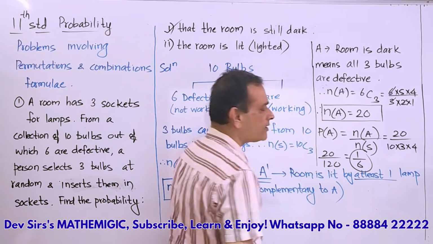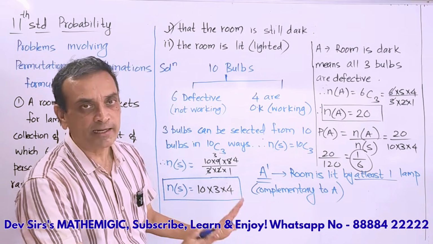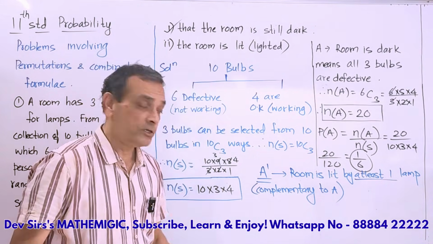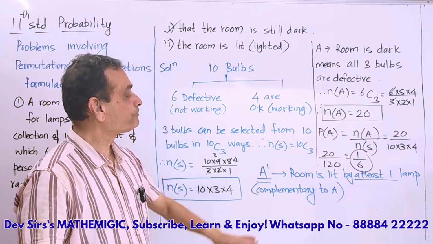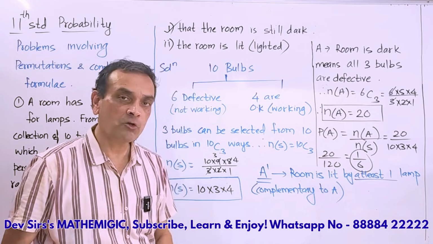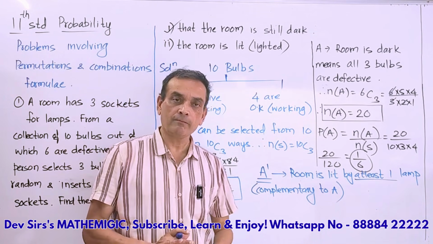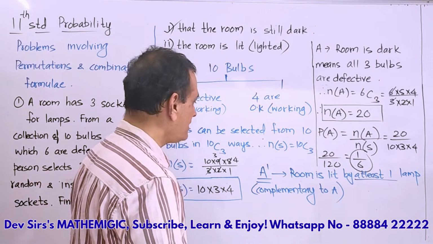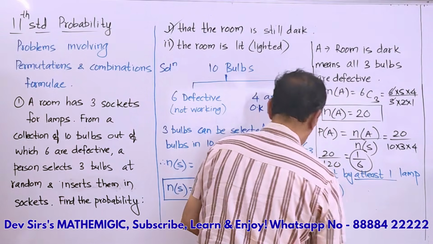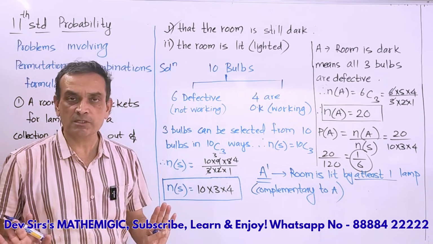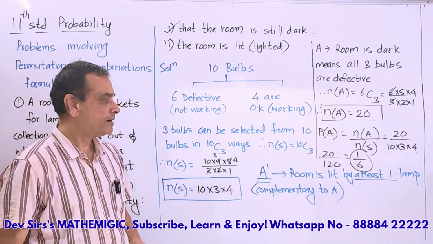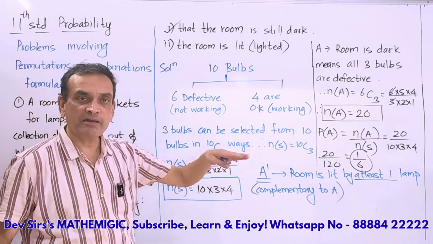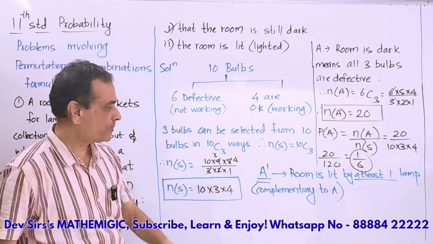Now, whenever you see a complementary event, at least one and none, then use that, because there is a simple formula to find the probability using the complementary event formula. Have you followed complementary events first? If you call this event B, then we would have used some other method.